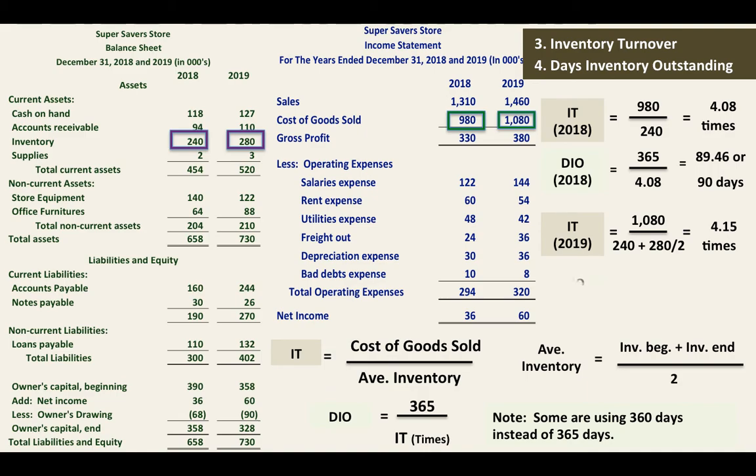And if we are going to calculate days inventory outstanding, you will have 365 days divided by inventory turnover of 4.15. This will give you 87.95, or 88 days, rounding it off. Okay, class?